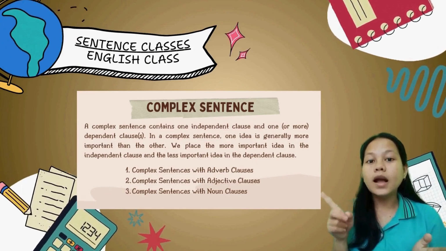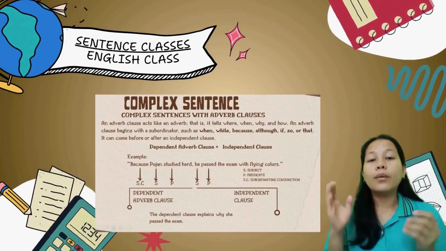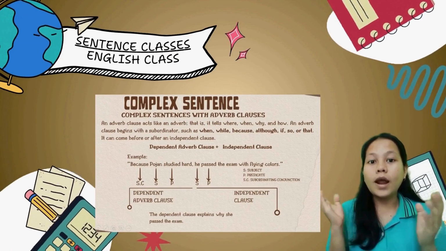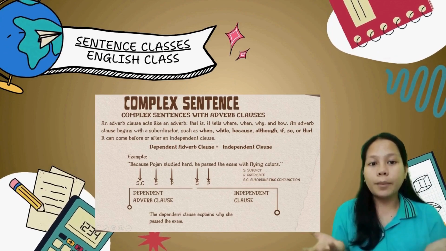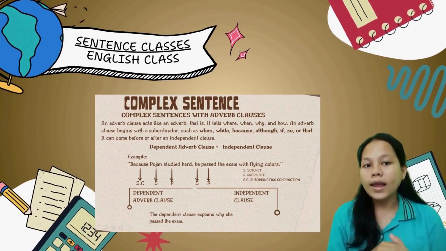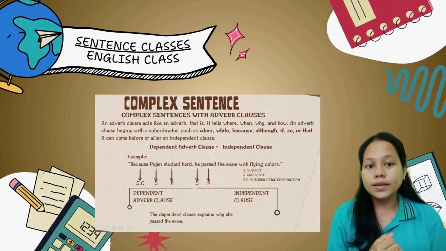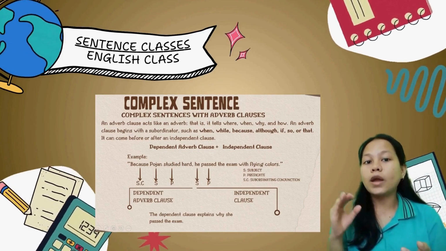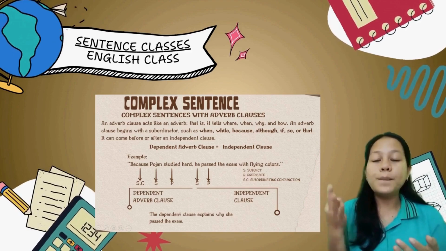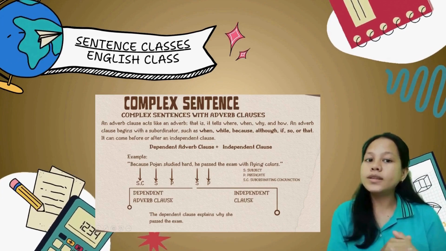The first one is the complex sentence with adverb clauses. What is an adverb clause? An adverb clause works like an adverb. It tells us when, where, why, or how something happens. Adverb clauses begin with words like when, while, because, although, if, so, or that.